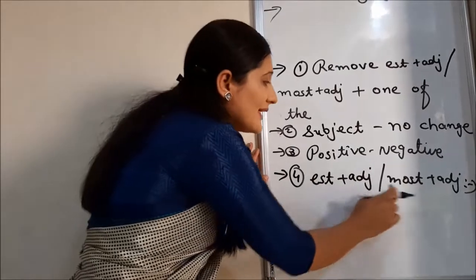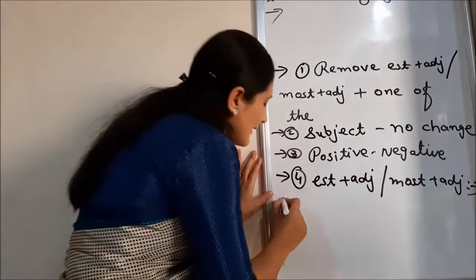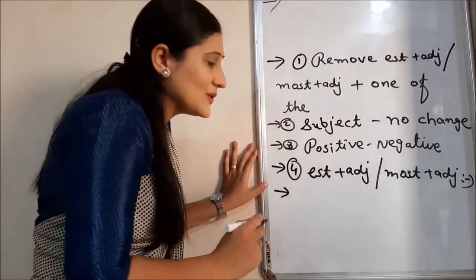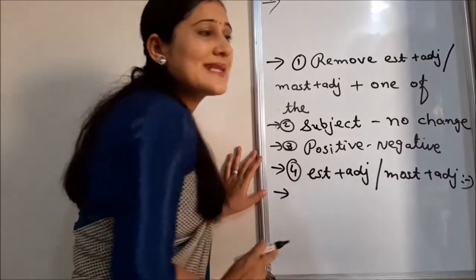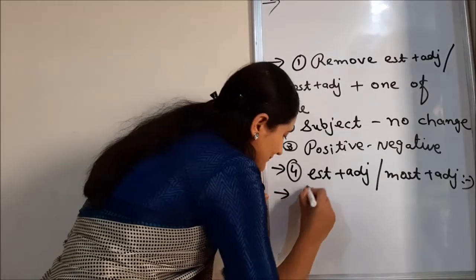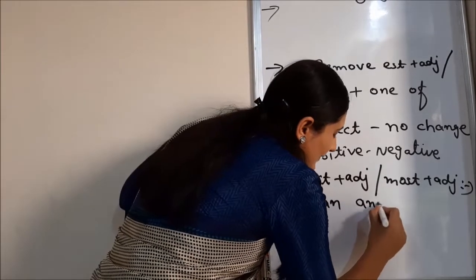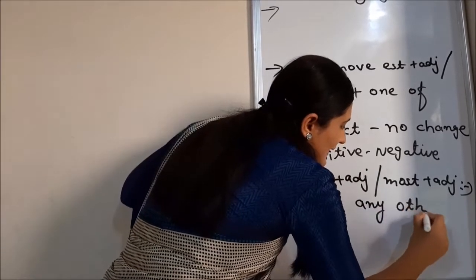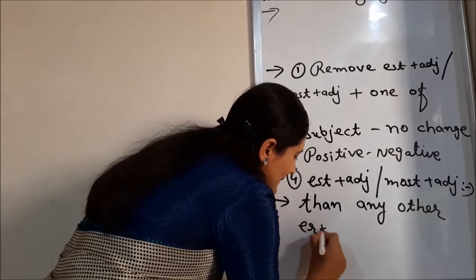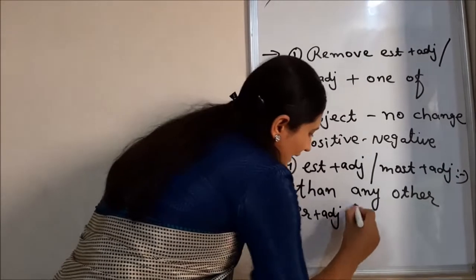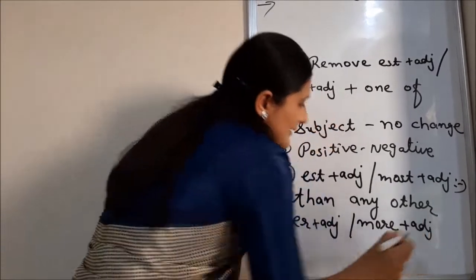If this is given in the superlative question, then when we turn into comparative, we will write then any other. You know that ER plus adjective and more plus adjective are used in comparative.